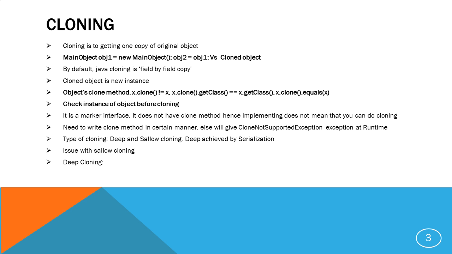Okay, so in our earlier programs, when I create a new object, say Main Object is the class name and obj1 is the variable name. When I say Main Object obj1 is equal to Main Object, here I am creating the object obj1, and if I say Main Object obj2 is equal to obj1, here I'm creating another object, obj2, that is nothing but obj1.